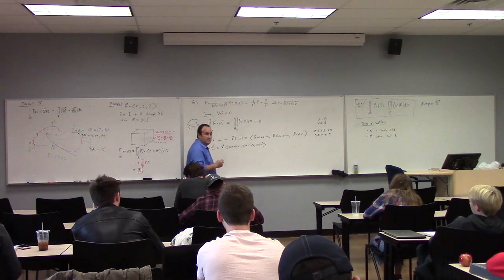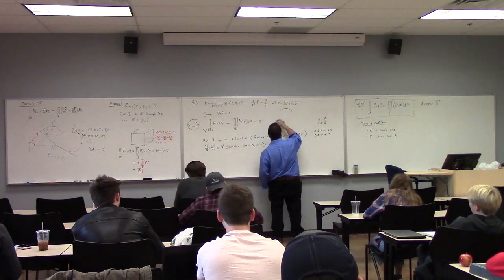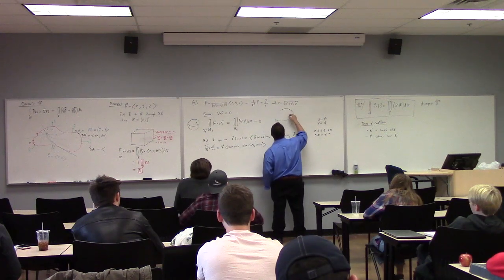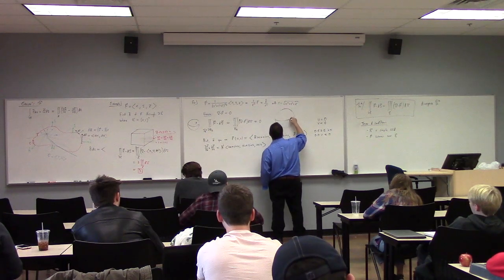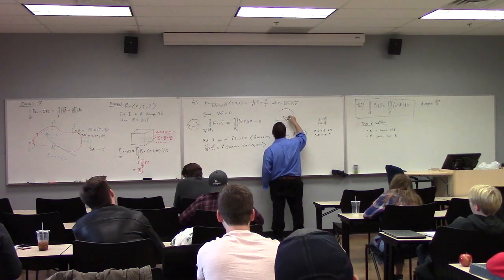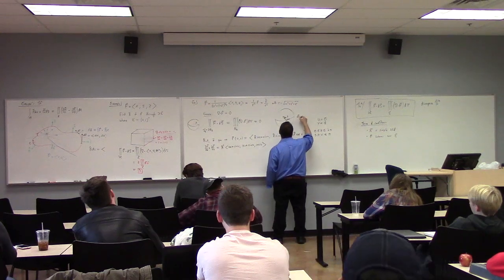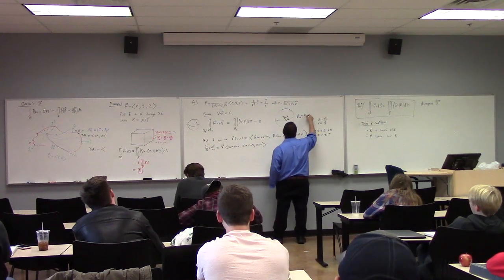Let me cheat. So if you look at a little d theta, you have r, you've got d theta. So the dl theta is something like r d theta.